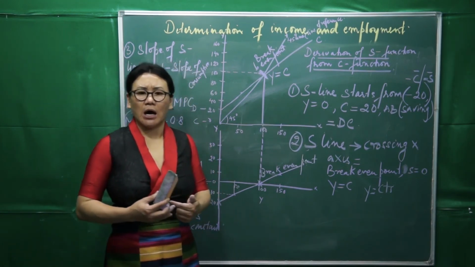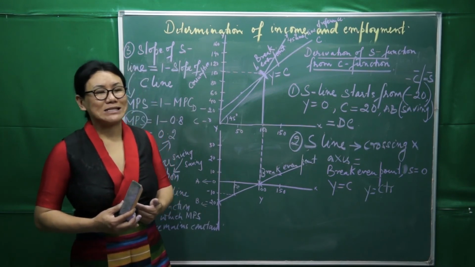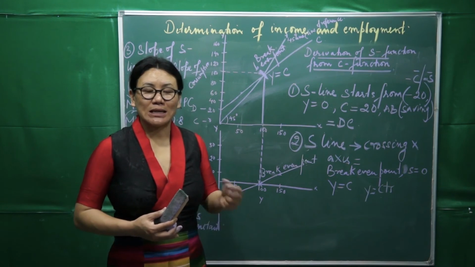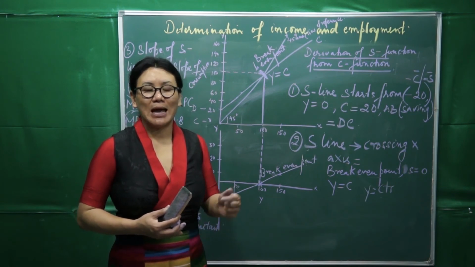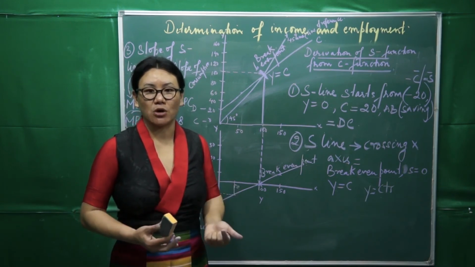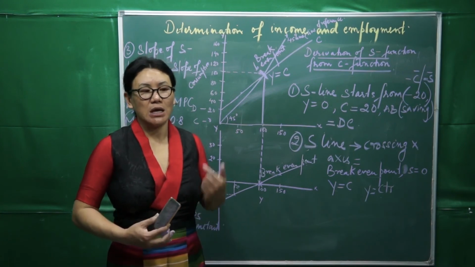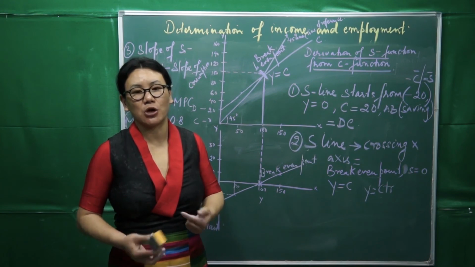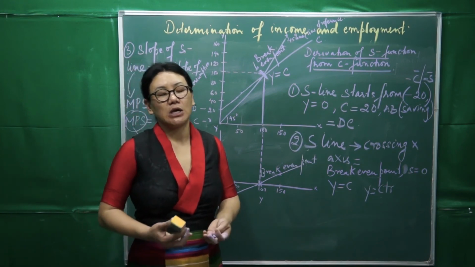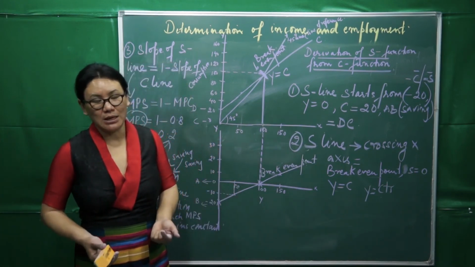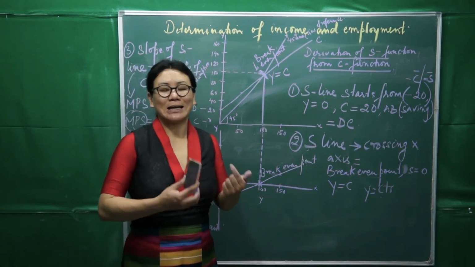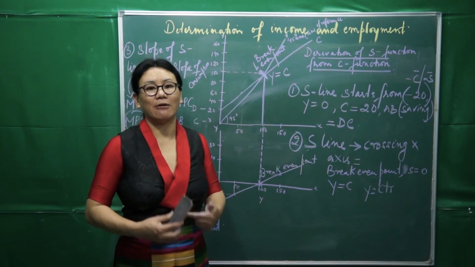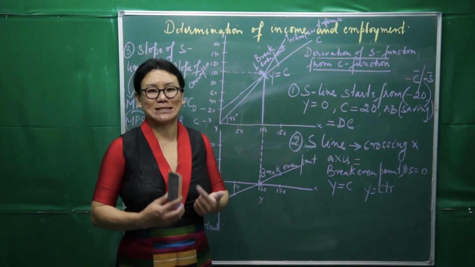Next one, we went for saving function schedule. I said consumption schedule and saving schedule are related, or C and S are related. If we know C, then we can easily calculate S. So, schedule in the form of a table, I have used the consumption function schedule, and on the basis of it, I have made the saving function schedule.